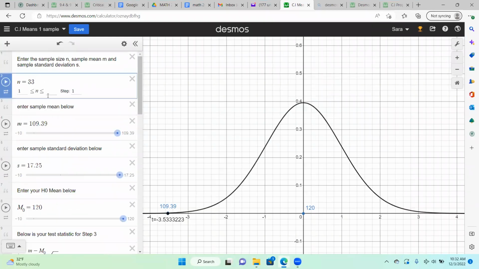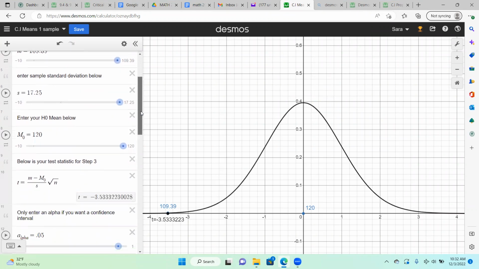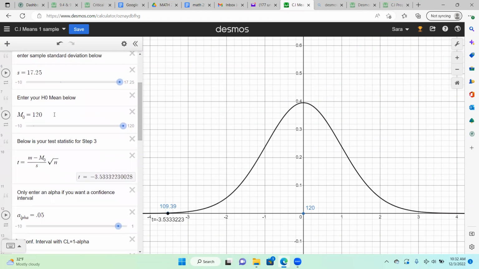So I'm going to put in my sample is 33. My sample mean, remember it says sample mean is 109.39. Standard deviation is 17.25. The mean for H0 is 120. So my critical T value is a negative because it's less than the μ0. So negative 3.533.